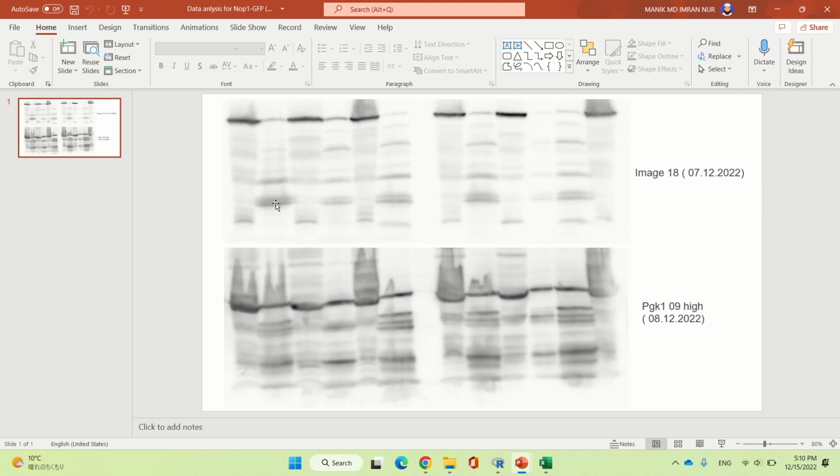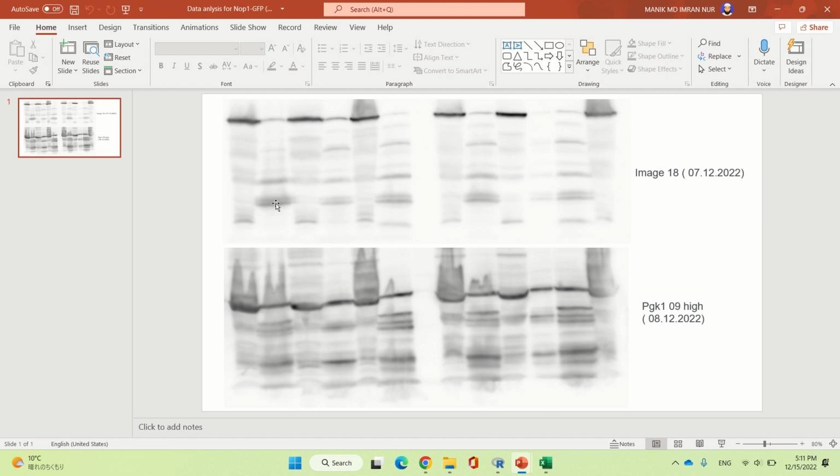But the variation came from the flexibility of the loading. So a higher GFP means a higher PGK1 signal because of a higher amount of loading.